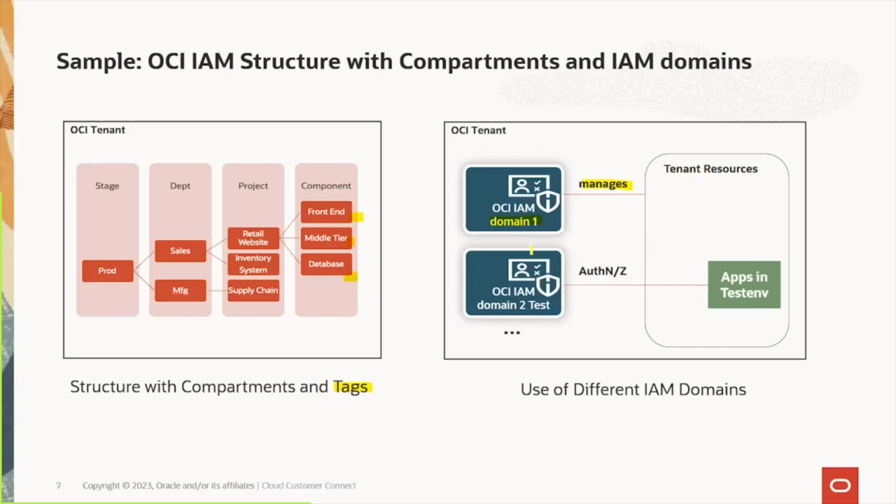And then here I've built up a second identity domain for test purposes. Then you have users which are within this IAM domain and can only use or manage applications in the test environment. So the test environment can itself be a compartment.